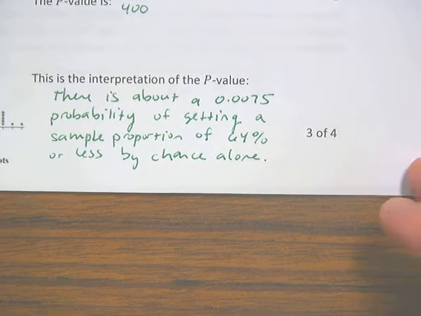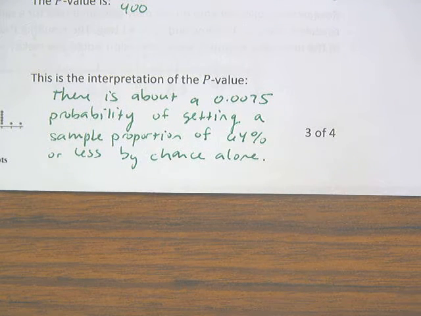You're saying that there's only a 0.0075 probability that what happened to him in the sample would happen by chance alone. Think about what that means. We're gathering more and more evidence that this guy is exaggerating and he's really not an 80% shooter. Okay.